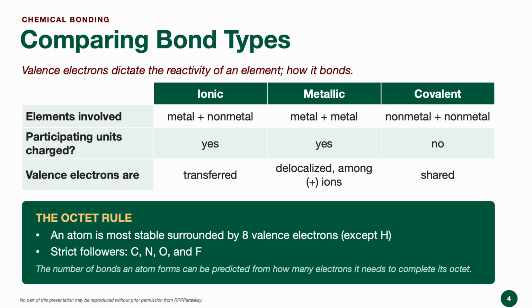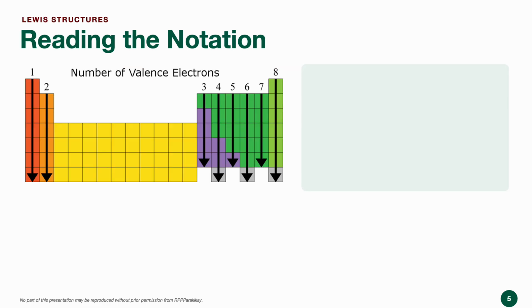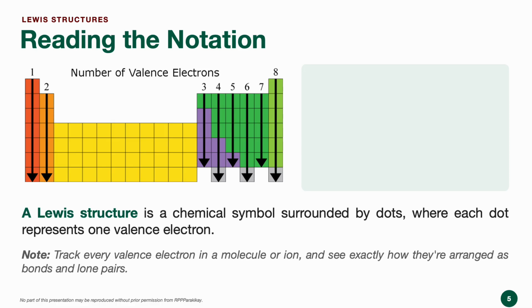that tells you how many bonds it's going to form. In a Lewis structure, the element symbol represents its nucleus and core electrons, and dots drawn around it represent the valence electrons. So the valence electrons are the ones actually available for bonding. For example, let's consider oxygen. It's in group 16 of the periodic table, so it will have 6 valence electrons.